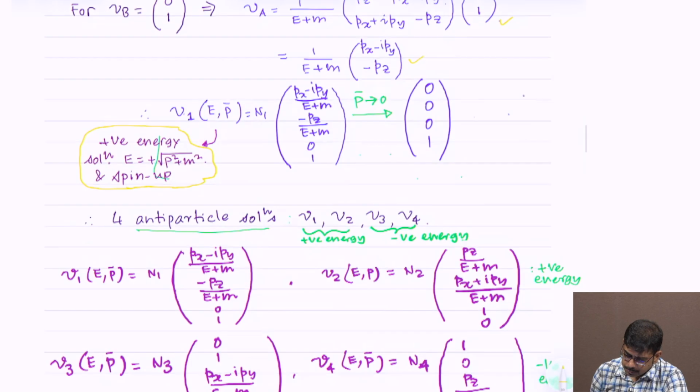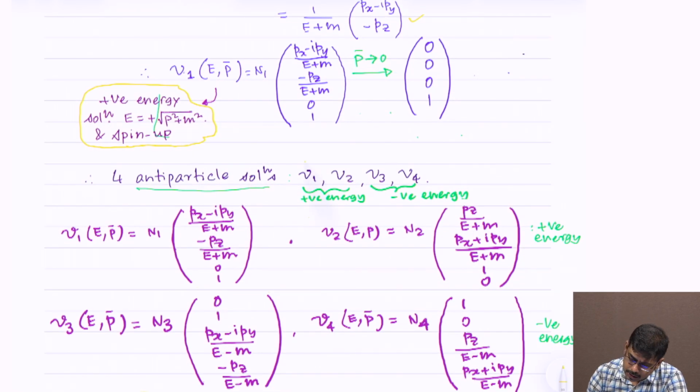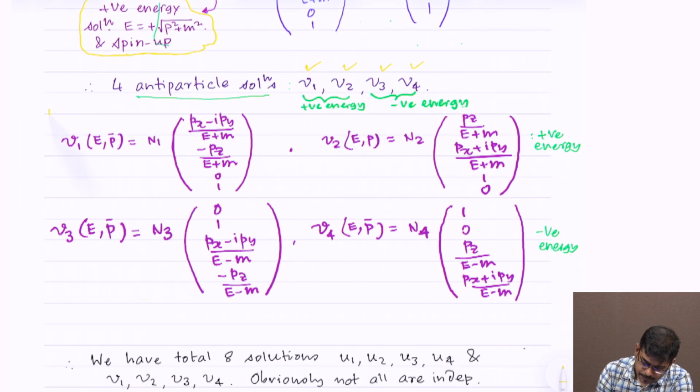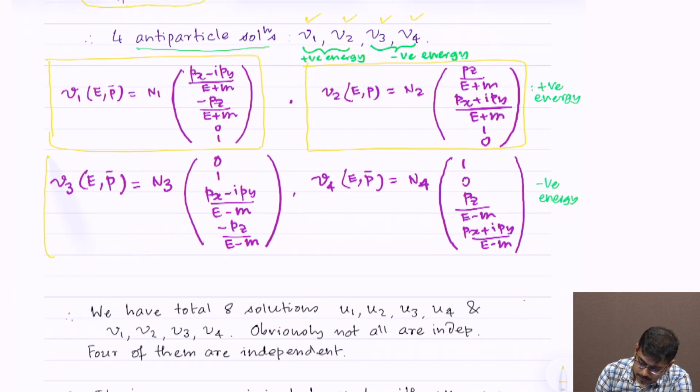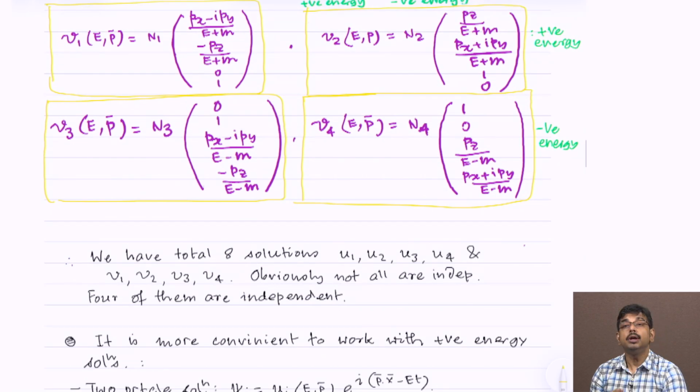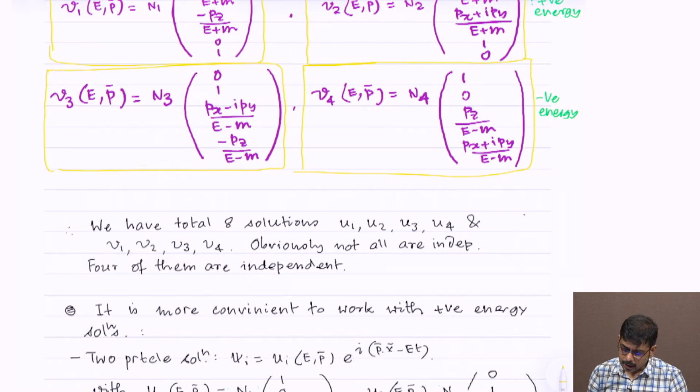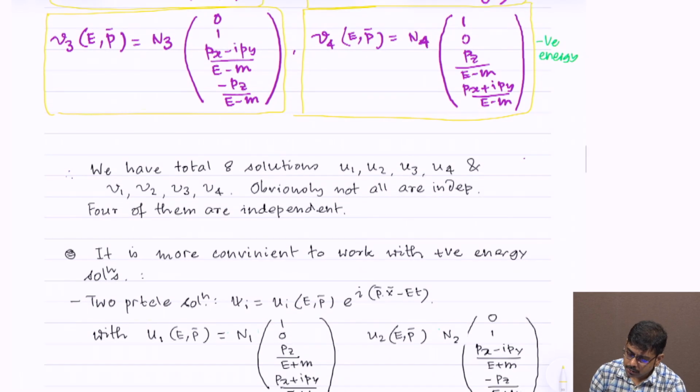But at this moment, we are at least sure that we are going to get 4 independent antiparticle solutions V1, V2, V3 and V4, which look like this, out of which V1 and V2, the way that we have chosen, give you the positive energy antiparticle solutions, and V3 and V4, the way that we have chosen, give me negative energy antiparticle solutions. So, together you can argue that for both particle like solutions and antiparticle like solutions, we have 8 solutions: U1, U2, U3, U4, V1, V2, V3, V4.